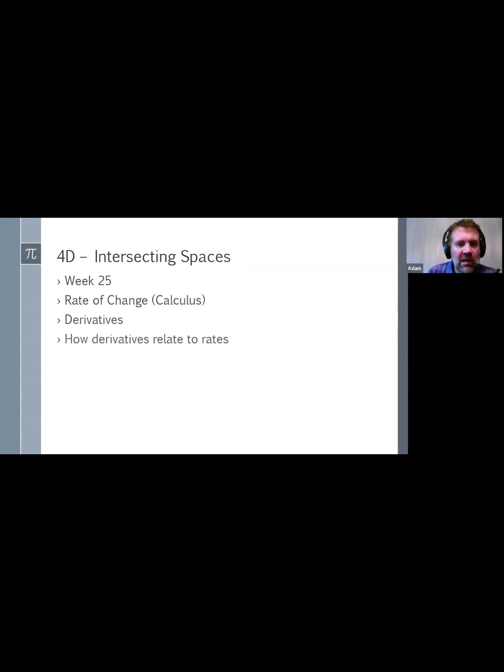So you'll learn how derivatives relate to rates and how derivatives relate to slopes. So that's what you'll learn in that week: learning how to handle derivatives.